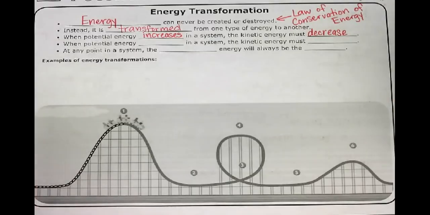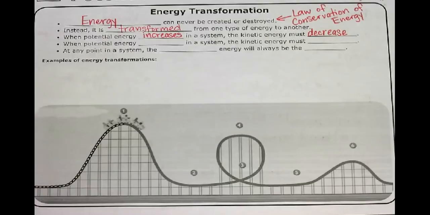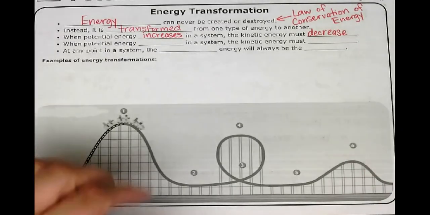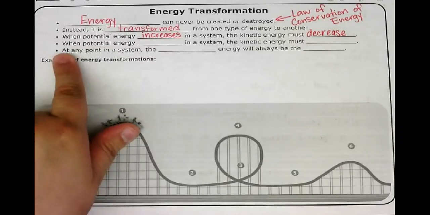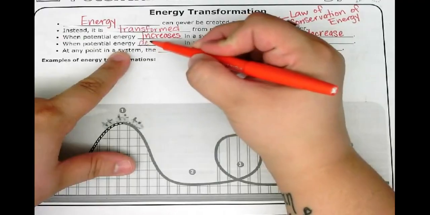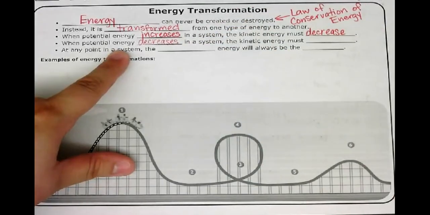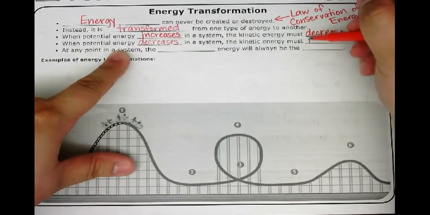They're opposites, okay? So as one goes up, the other has to go down, right? So the opposite is true. When potential energy decreases in a system, the kinetic energy must increase.